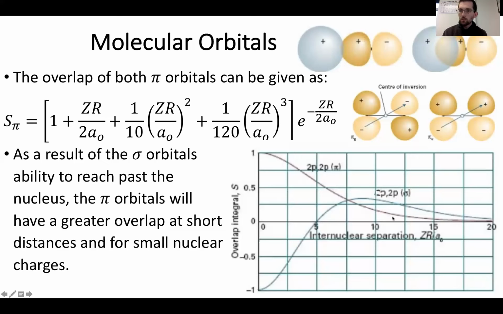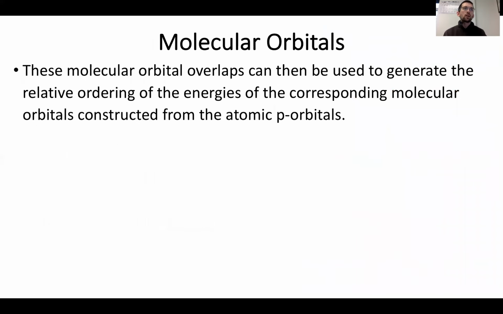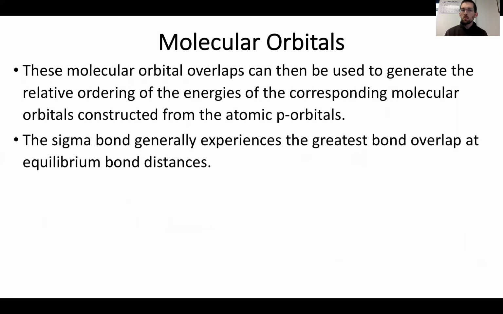And using the overlaps as a proxy for good connections and good bonding character, what we're going to find is that we can use this to relatively order the strength of our bonds. So the sigma bond generally is going to have the greatest overlap at reasonable bond distances. But this has two very important consequences.